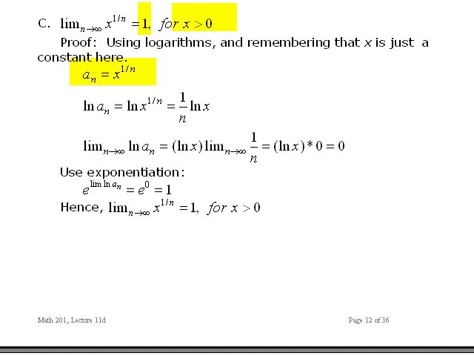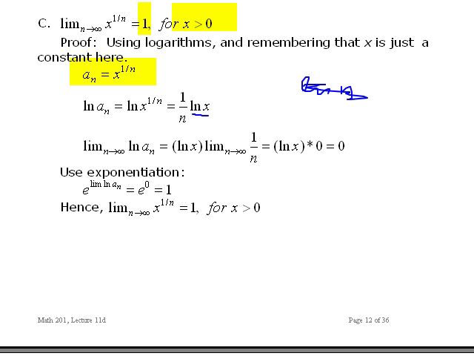Now take the limit. The natural log of x comes out in front because that's a constant. Remember, on the other slide, we had the natural log of n itself. That's not a constant. Here it's the natural log of some number x. So the natural log of x comes out in front. Then we have the limit as n goes to infinity of 1 over n.